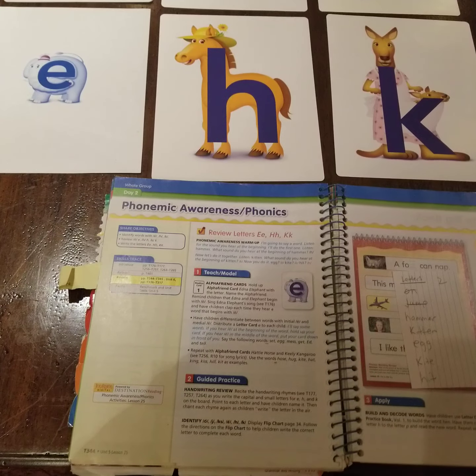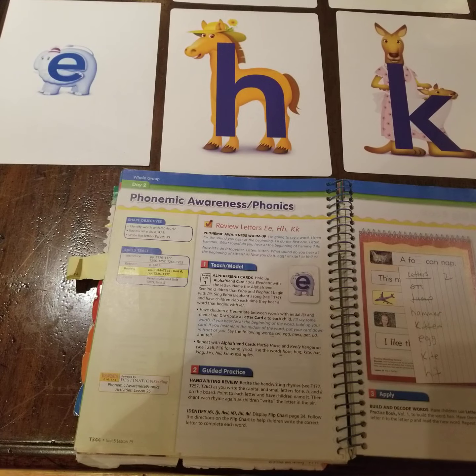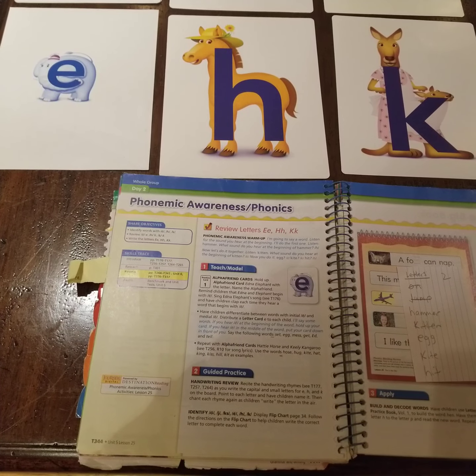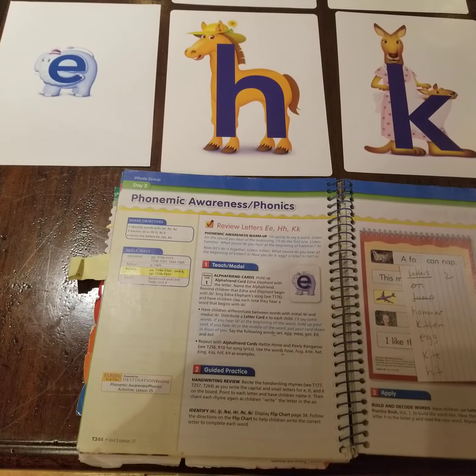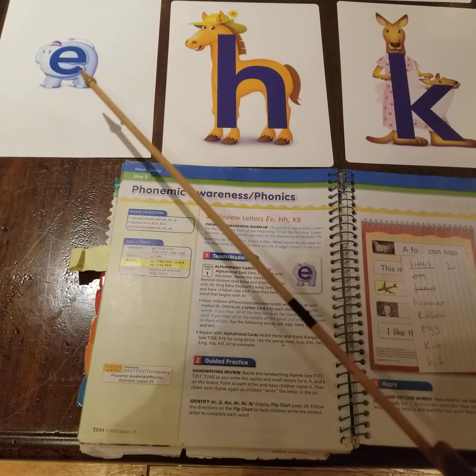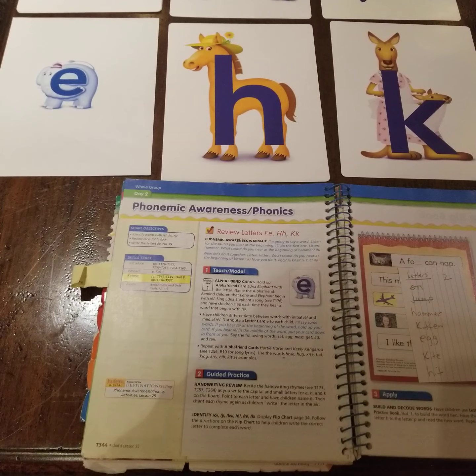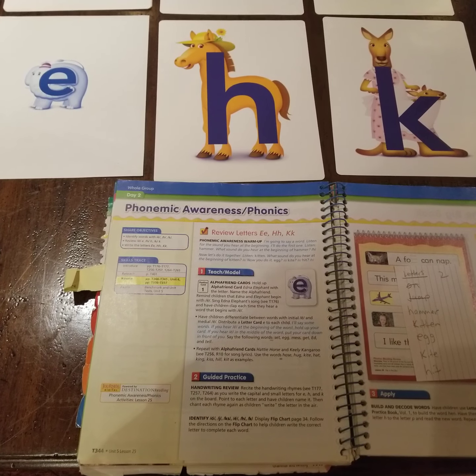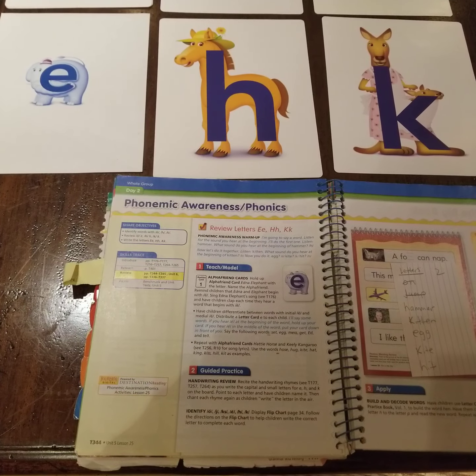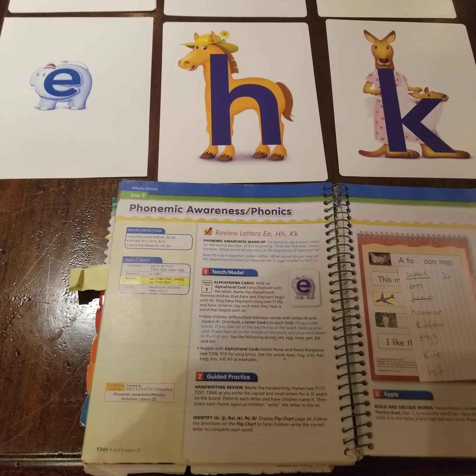Next word, egg. Egg. What do we hear in the beginning? That's right, we hear E. Next, kite. Kite. What sound do we hear in the beginning?